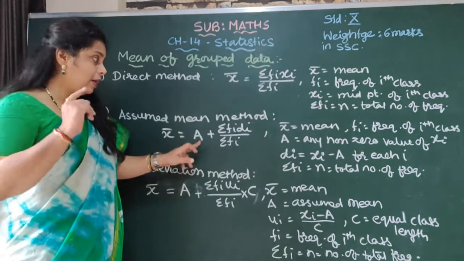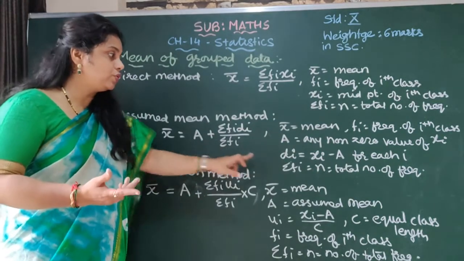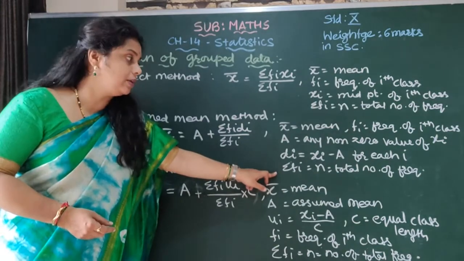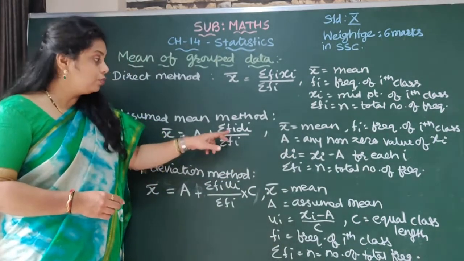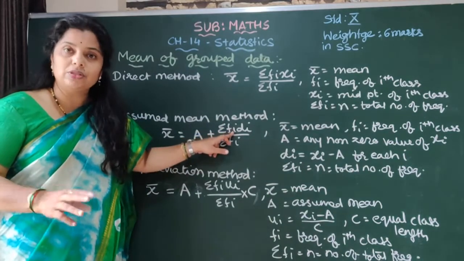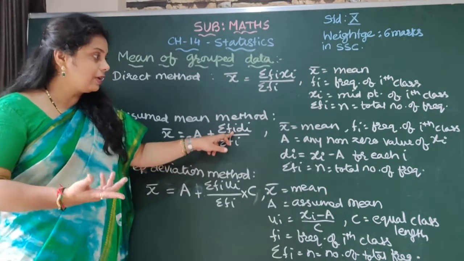Is it clear? Now, sigma fi, again as usual, it is small n, it is equal to total number of frequency. Now, what do you mean by fi? We already know, frequency of ith class, or we can say each class.